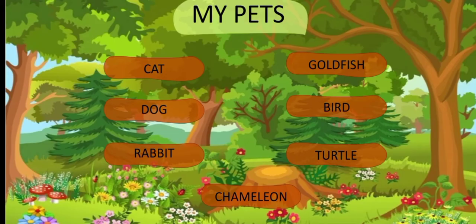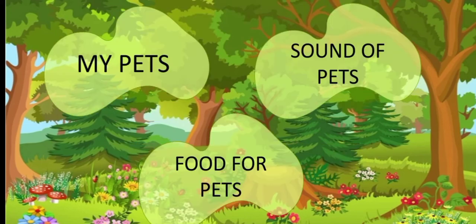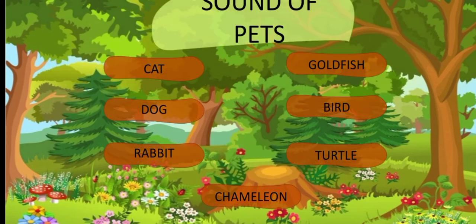So we go to the second part, which is Sounds of Pets. Here we can see again there are all kinds of pets. It depends on the children.